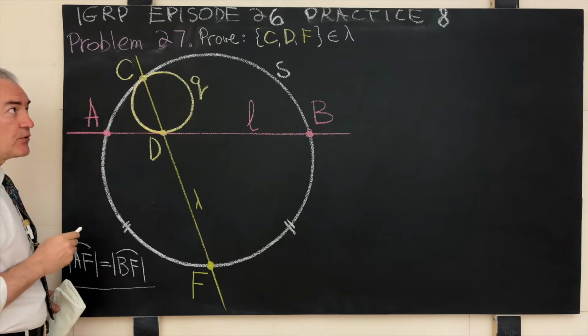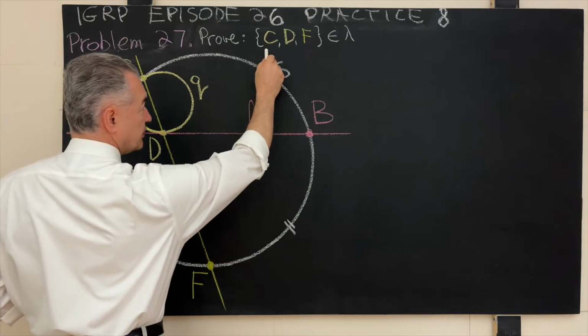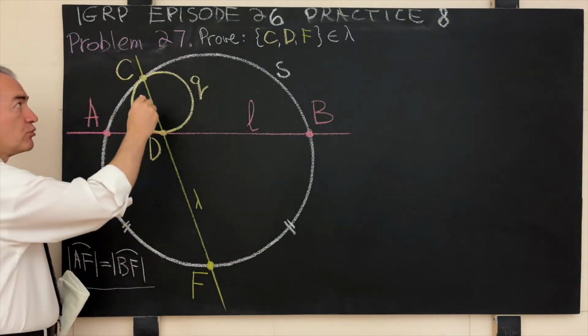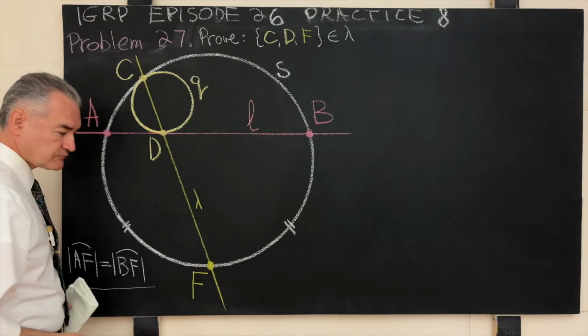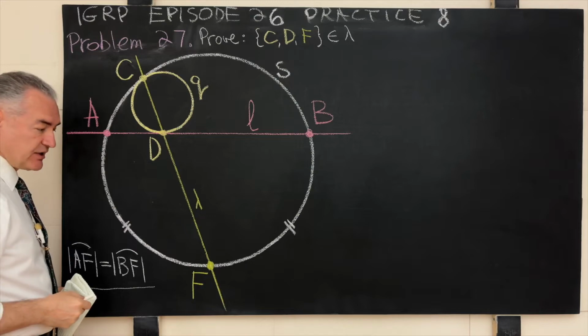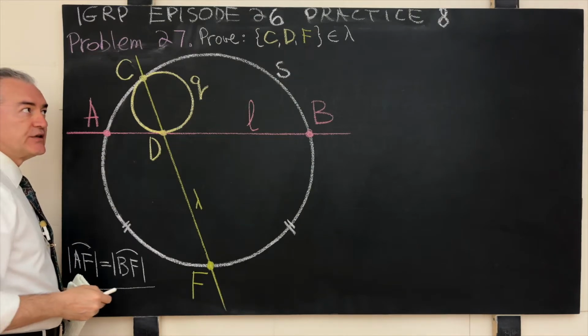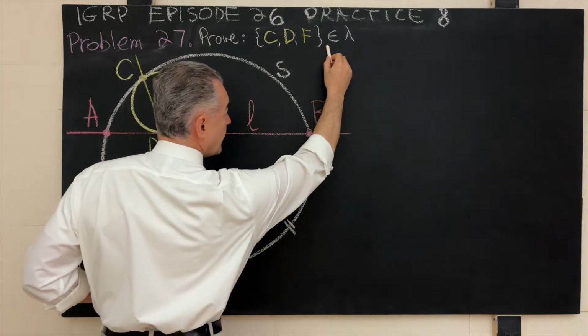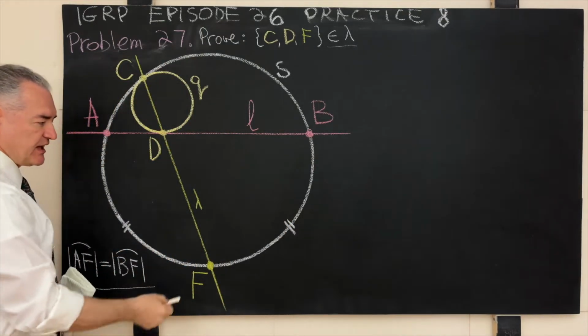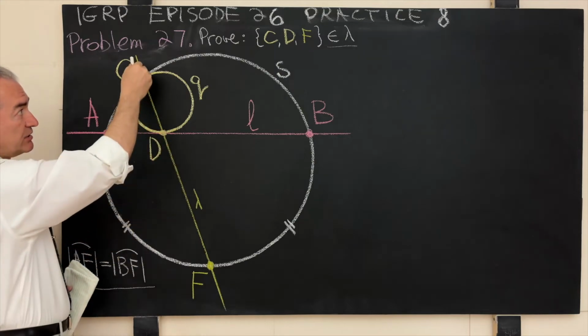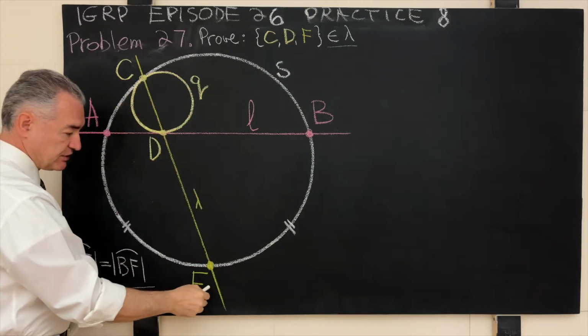The objective of this problem is to prove that the points C, D, and F, thus constructed and selected, are collinear. In other words, all these 3 points belong to one and the same straight line, which for demonstration purposes I named lambda, shown in green.